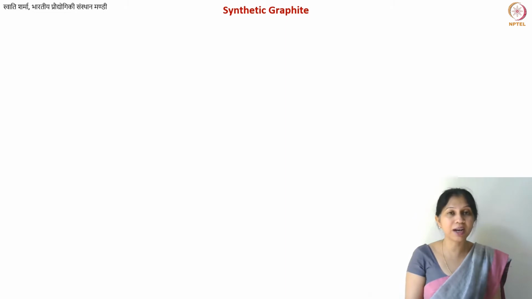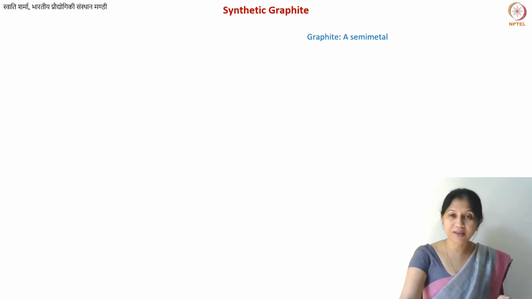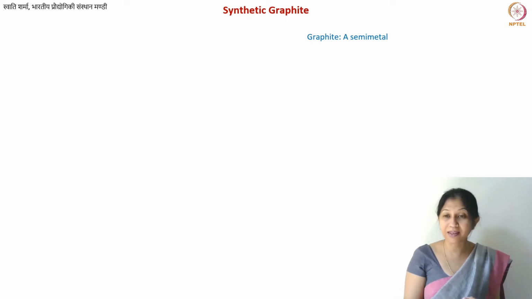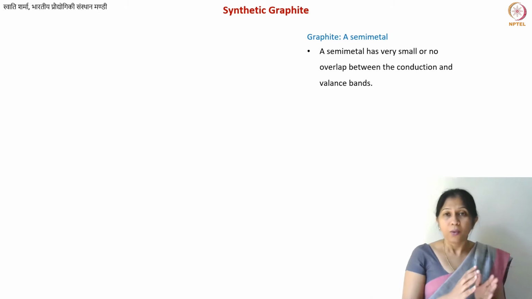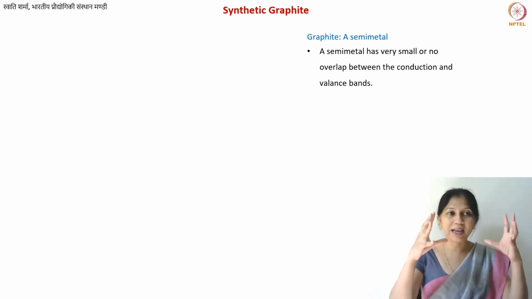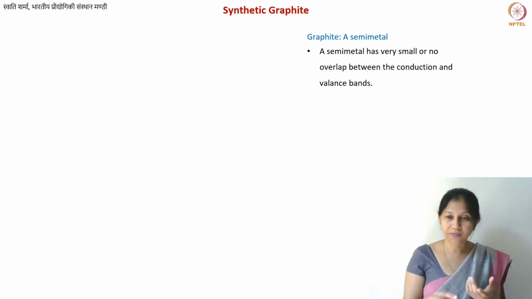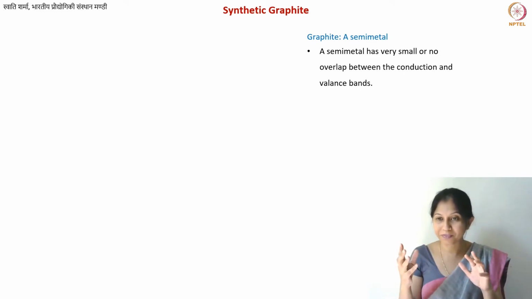Okay, now before I start with the synthetic carbon production, I had in the previous lecture mentioned that graphite is a semi-metal. So what is a semi-metal? First of all, you divide elements into 4 types: insulators, then semiconductors, and then within the conductors you have metals and semi-metals.